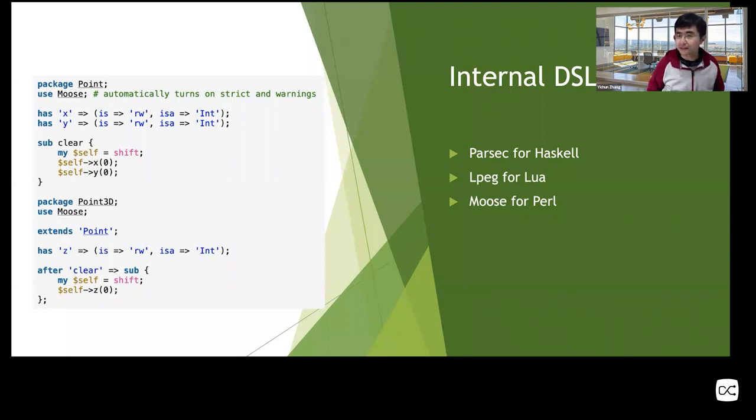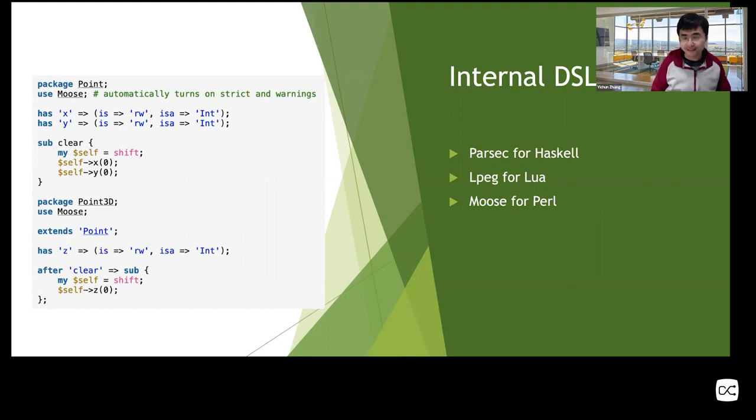Okay, so the next one is something that very few people are aware of. We talked about full-fledged DSLs, which we also call external DSLs, but there are also internal DSLs, which borrow the body of a generic programming language for your own domain-specific purposes.